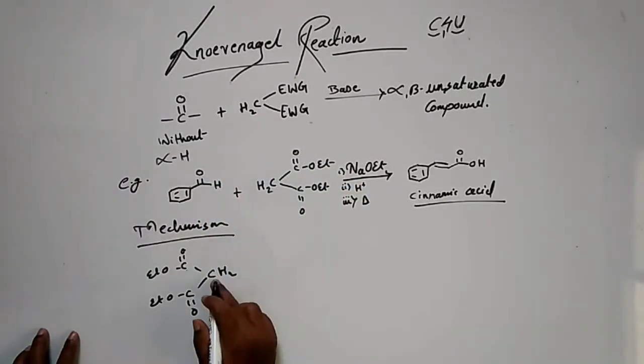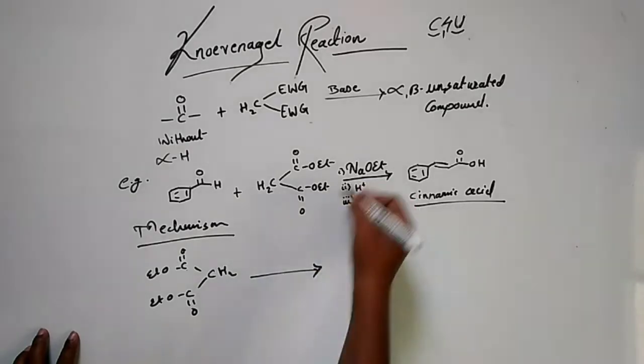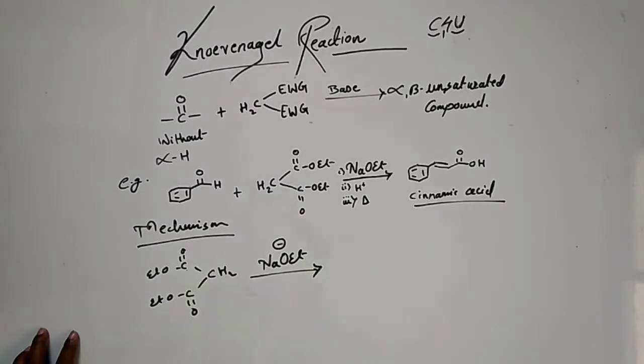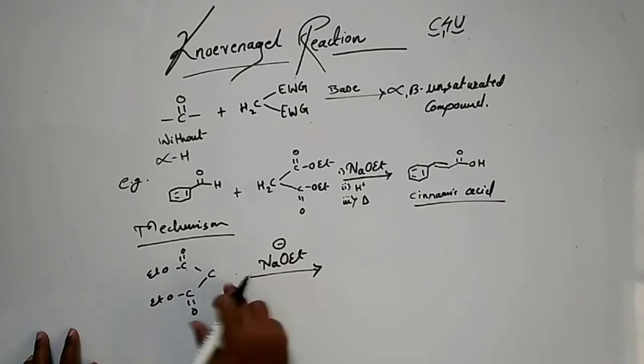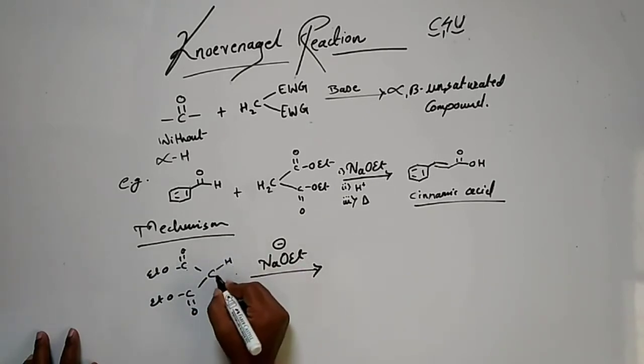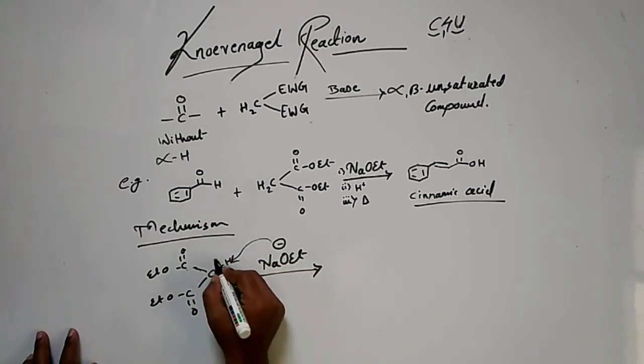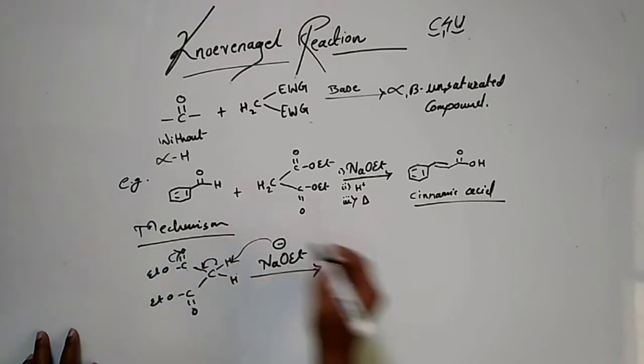Basically, what happens first is you have a base, and a base is always looking for an acidic proton. You have two acidic protons here, but we are using one equivalent of base, so it abstracts one proton and will form an enolate here.